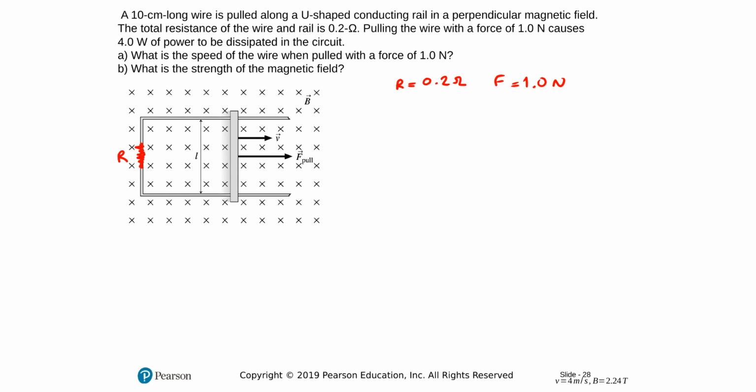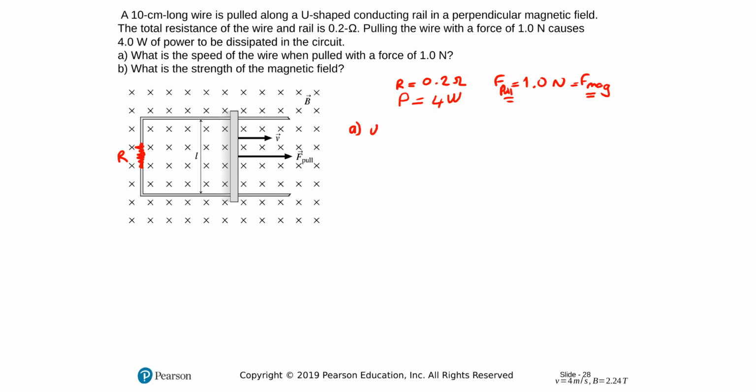This is F pull. Remember, this was F equals F magnetic if our velocity is constant. And we won't be looking into situations where we're increasing the speed. So we can safely say in this situation, F pull is always equal to F magnetic. And the power that is generated in the system is 4 watts. Remember, the unit of power is watt.